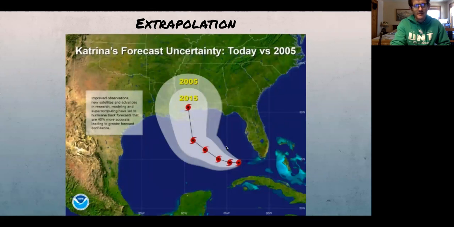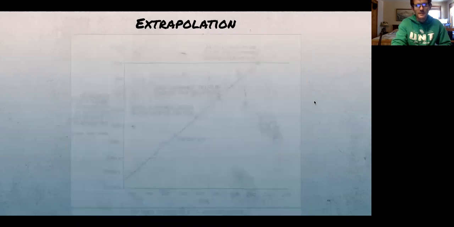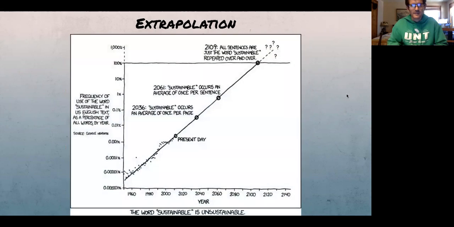But this is also showing how that cone of uncertainty has improved in the last 10 years or 15 years. It's probably even gotten better. So you can see what the cone of uncertainty would be. But you can see they were projecting a wide area that could potentially be hit. Okay. And here's just a different example of extrapolation gone wrong.